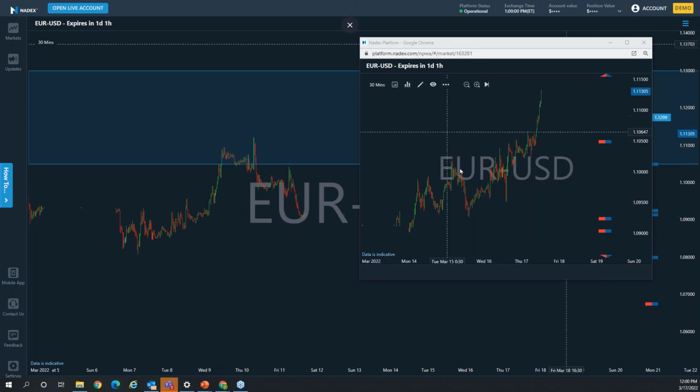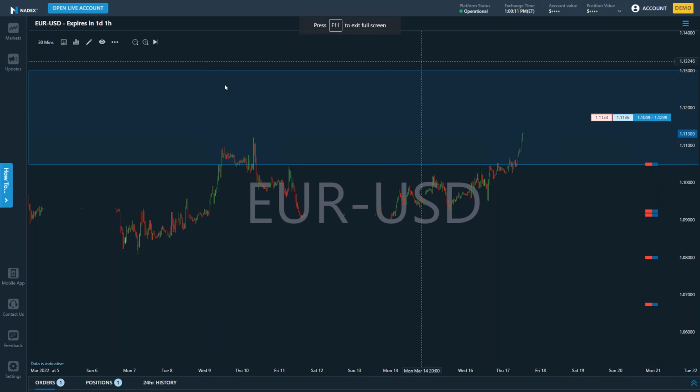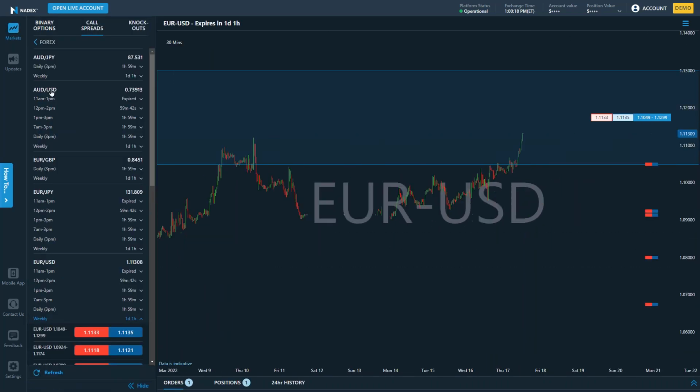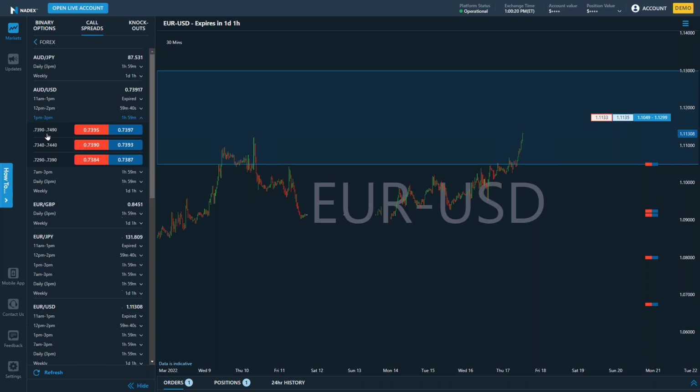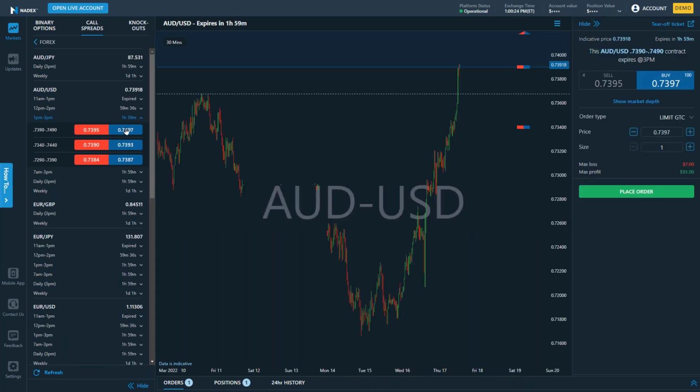I messed that up, but you can see how you would have multiple order tickets and multiple charts on your screen so that you can maximize your screen real estate. All right, hopefully that made sense. For simplicity's sake, I want everyone to be able to see everything that we're currently doing.